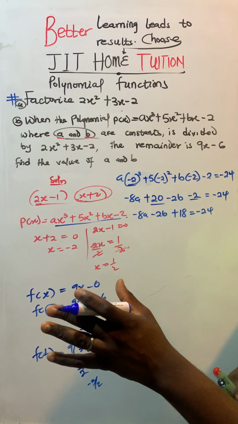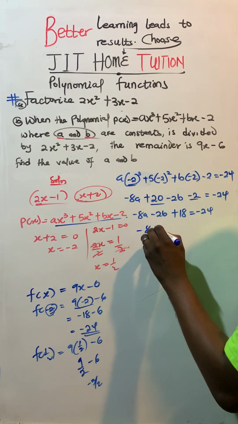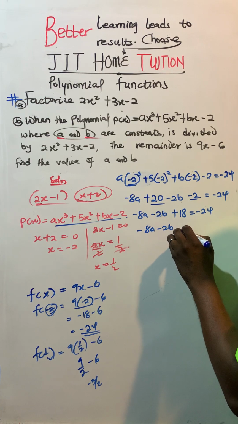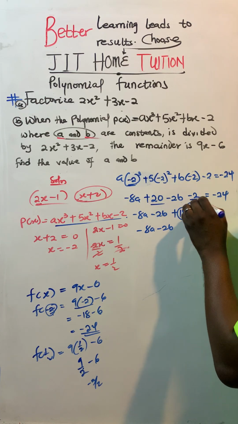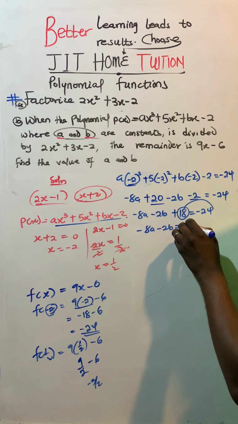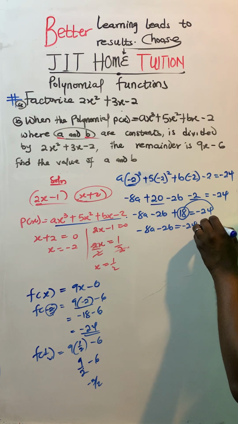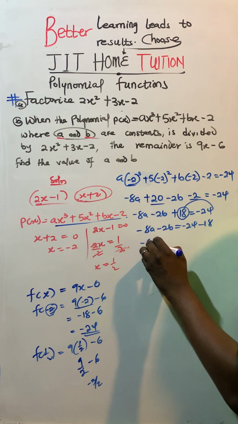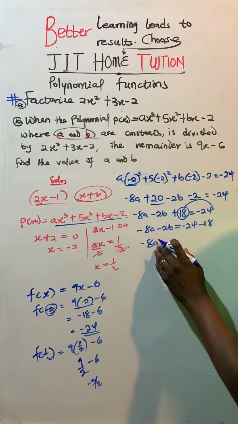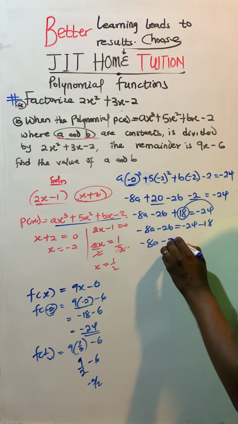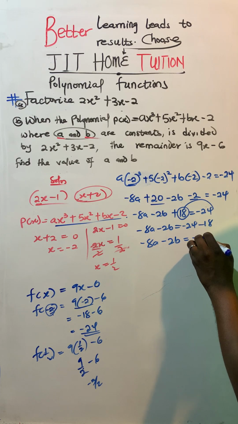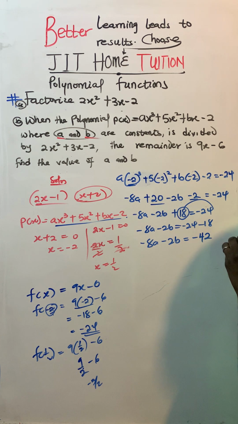I hope you are following. So you have -8a, -2b. Then this one will move to this side, giving you -24, -18. So you have -8a, -2b equal to, that is -42.